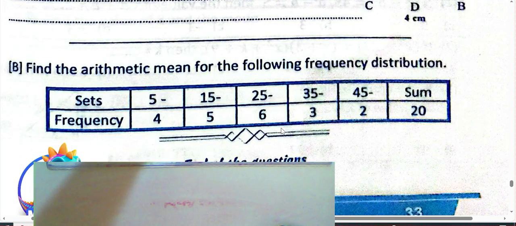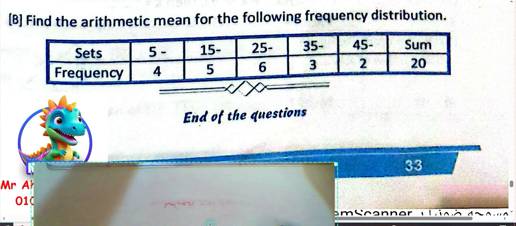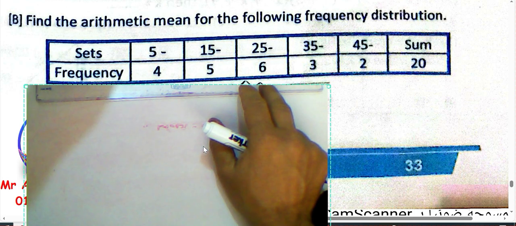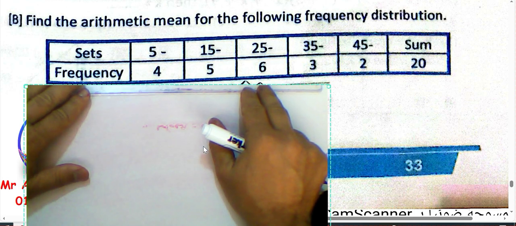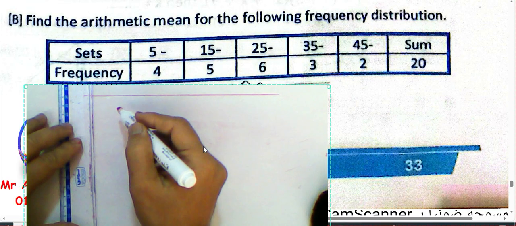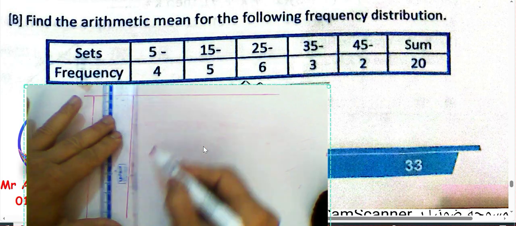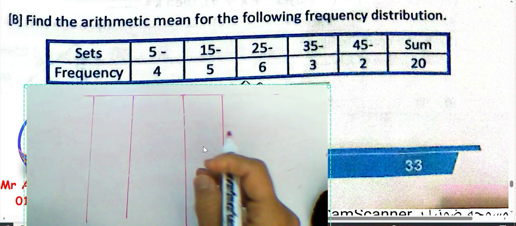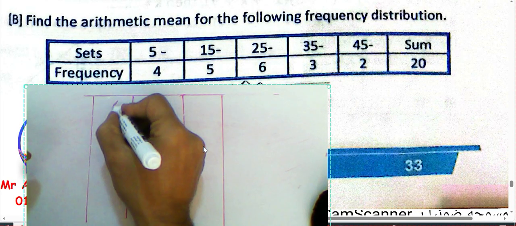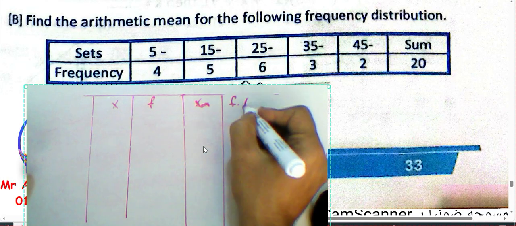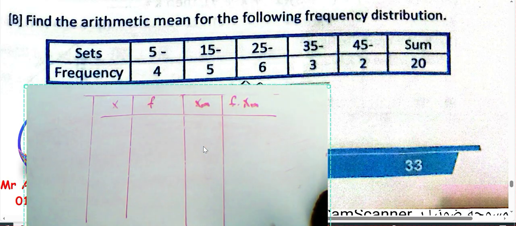Next question. We want to explain this example. We can draw the table and divide it into parts. And then write here first the sets X, frequency, center, and the product of frequency and center of the sets.